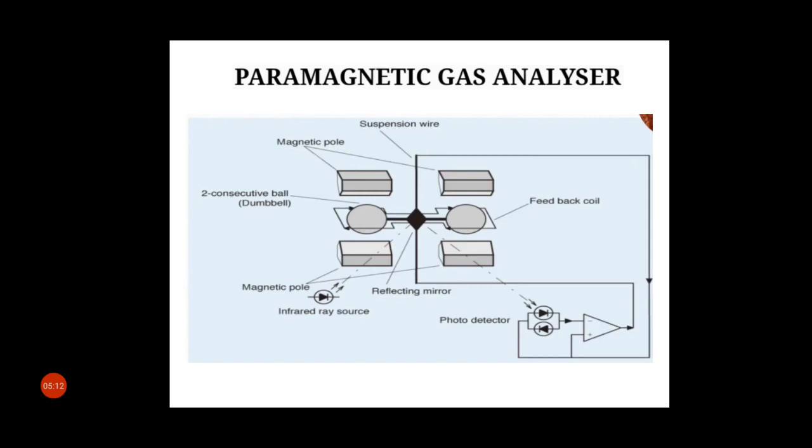Here we have a dumbbell shaped sphere, and there are two spheres in the form of a dumbbell. The dumbbell is held in the suspension wire in the magnetic field produced by two magnetic pole pieces.